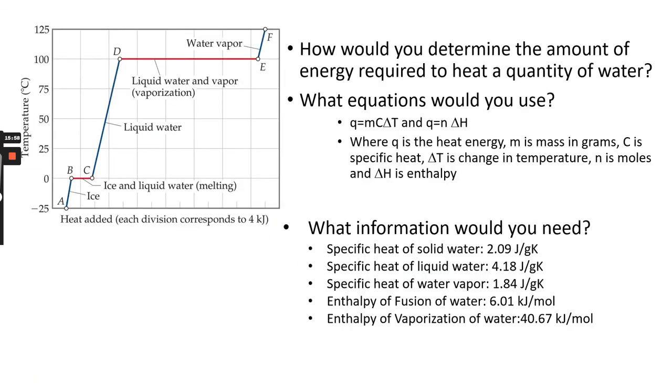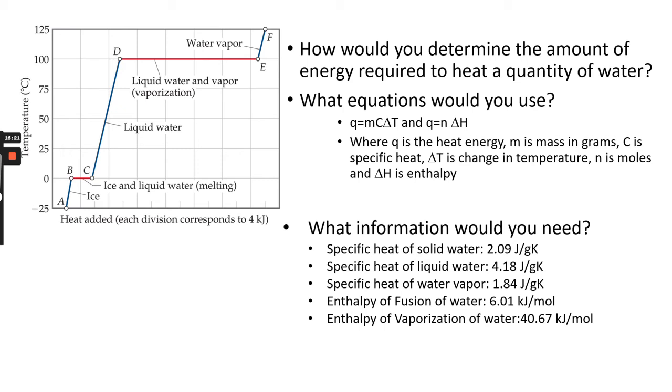So how do we use this graph to actually calculate the amount of heat? So how would you determine the amount of heat required to heat a quantity of water? What equations would you use? Now, I know in your sophomore year of chemistry, your teacher spent quite a bit of time on this. Maybe you remember it.